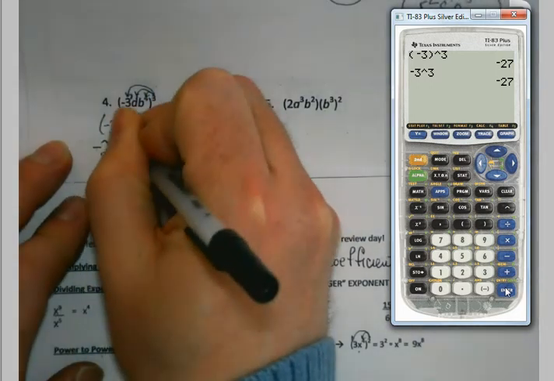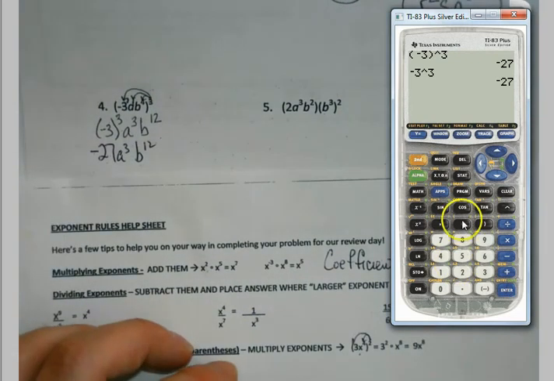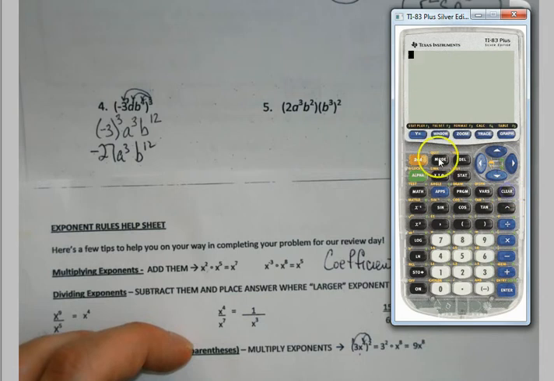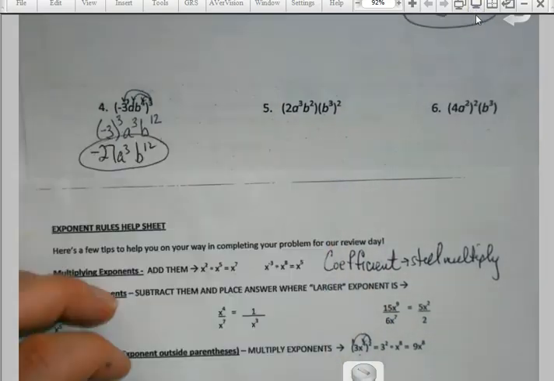When I get to a problem that has an even exponent, like let's say it had been -3 squared this time, I get 9, but then if I forget to put the parentheses, I get a different answer. So the general rule is make sure that you use parentheses if that ever happens, but I can still get to my answer.